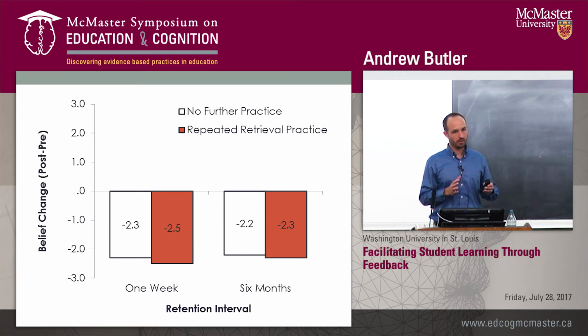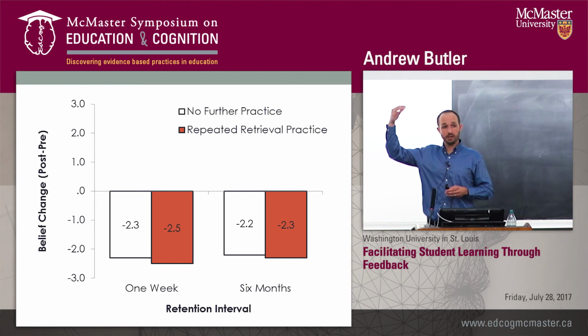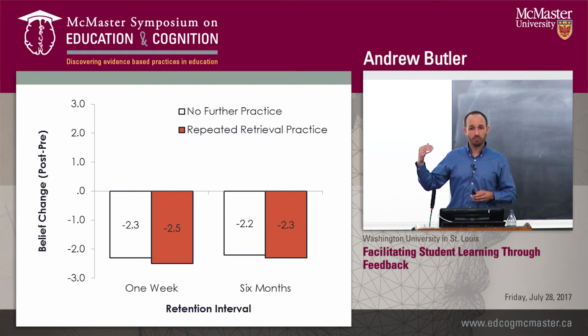Remember that everybody saw all the presentations, but for only half of the myths did they get that repeated retrieval practice. Now, what's interesting is the presentations were very effective at reducing belief in these myths, which is great. The repeated retrieval practice didn't help very much. It didn't really add much to that change in belief, right?